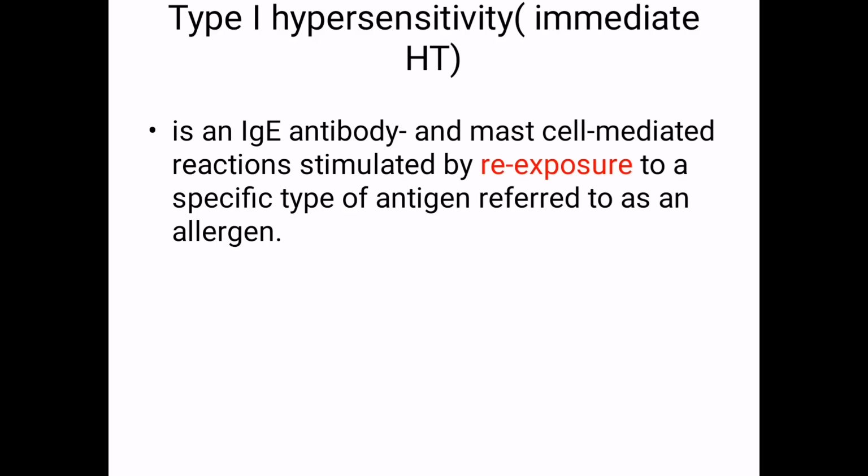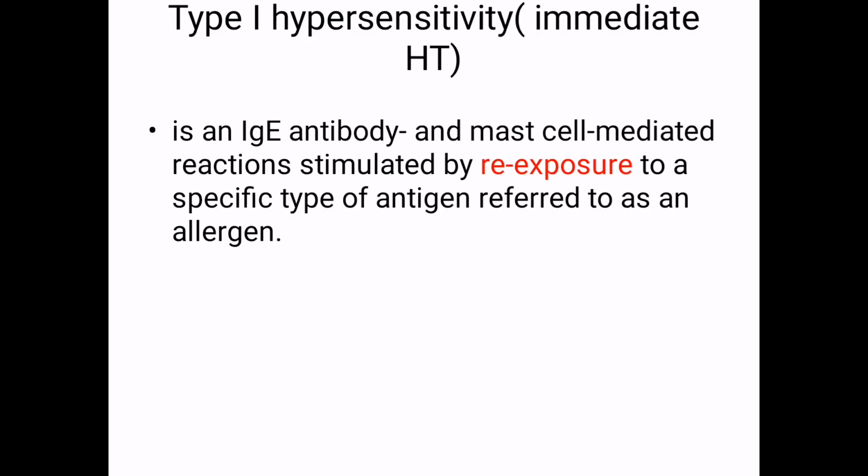Type 1 hypersensitivity reaction, or immediate hypersensitivity reaction. This type of hypersensitivity reaction is mediated by IgE and the mast cell. This IgE and mast cell is stimulated upon re-exposure to the antigen or allergen, and it secretes mediators that cause type 1 hypersensitivity reaction.